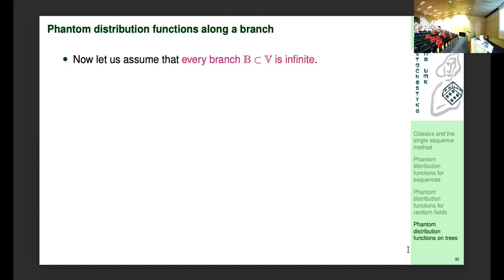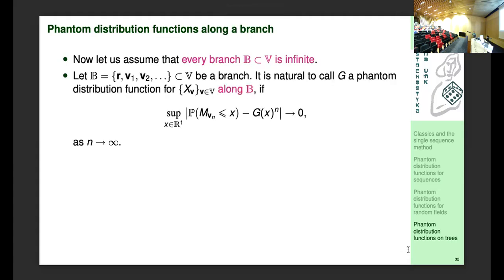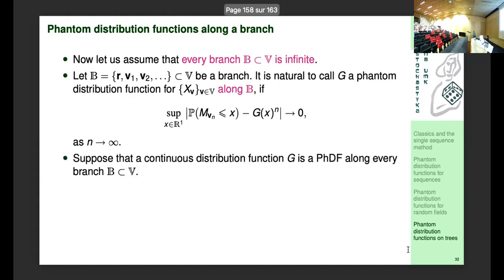Now suppose that every branch is infinite. Consider such a branch. We can define a distribution function along B in a natural way.